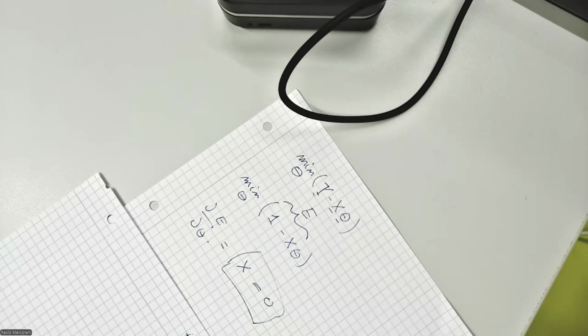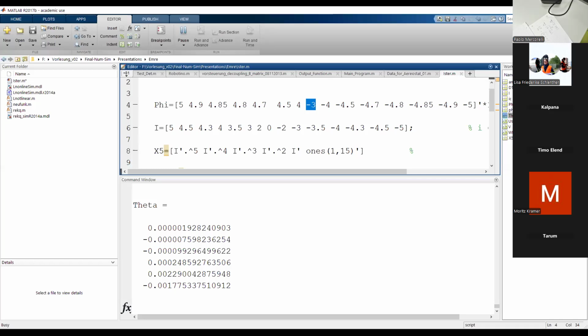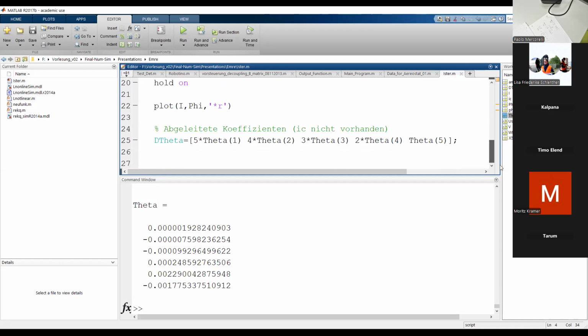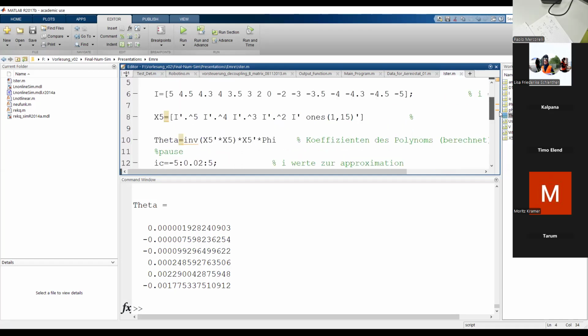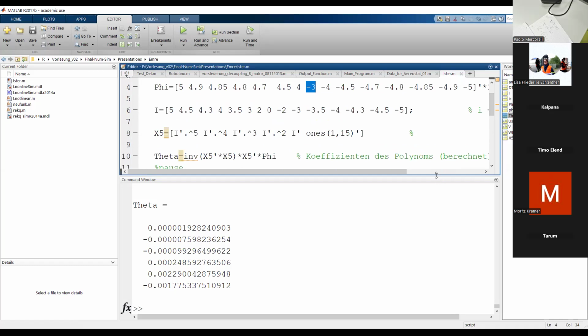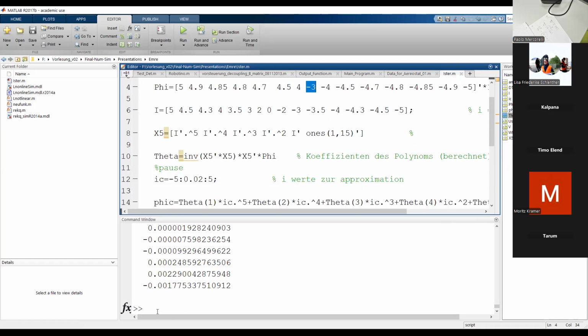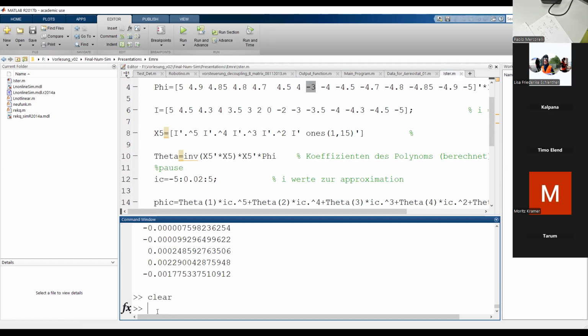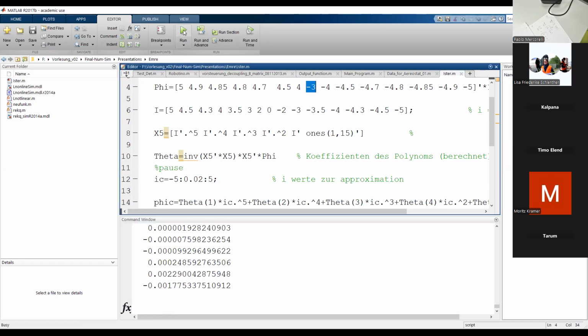One second. Now I have a problem too. Let me clear, one second. Okay. Let me run. Without mouse, I made now.